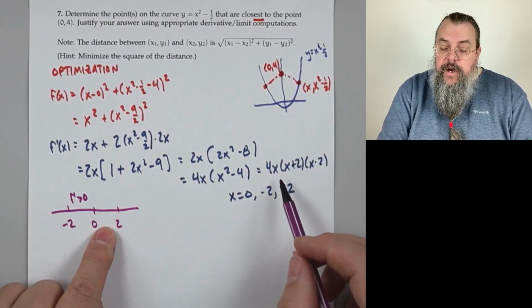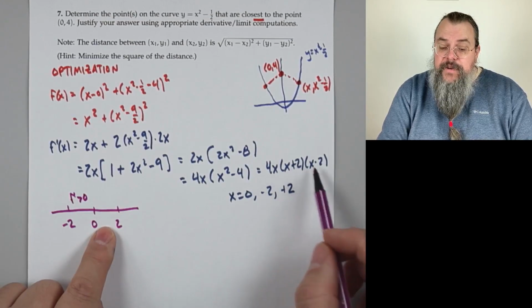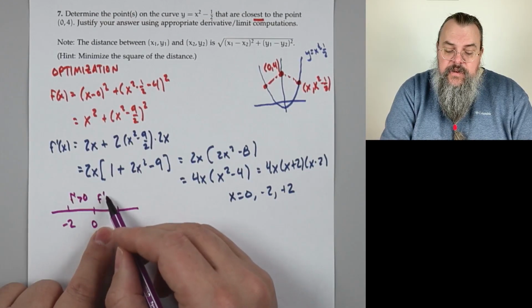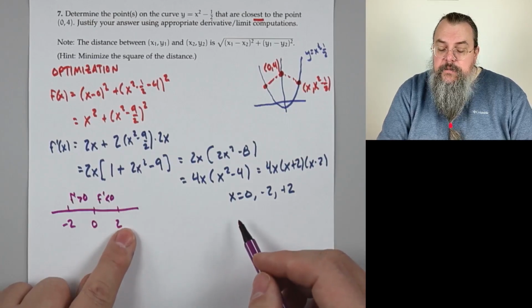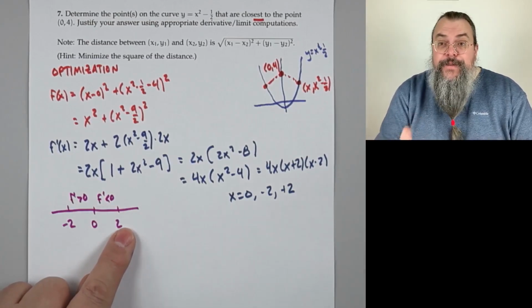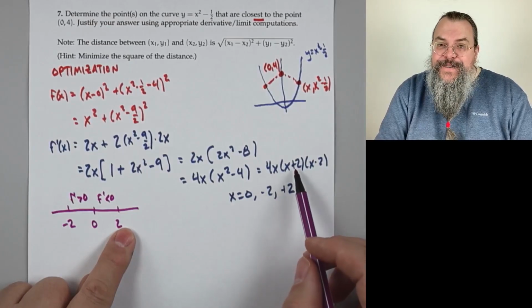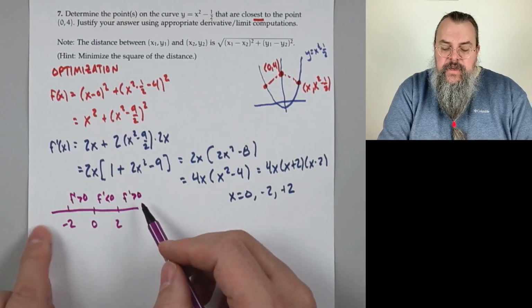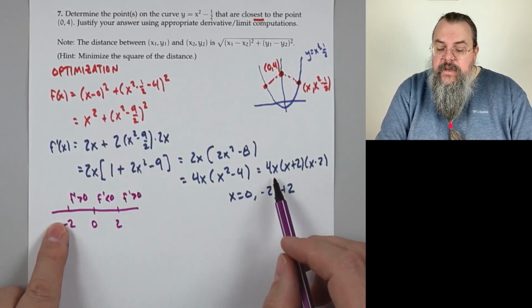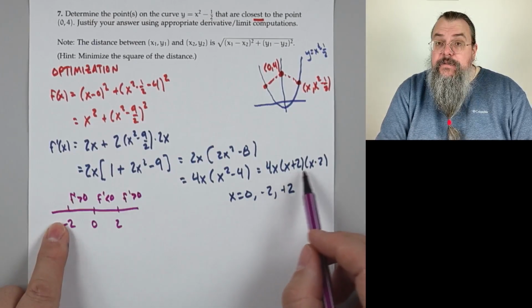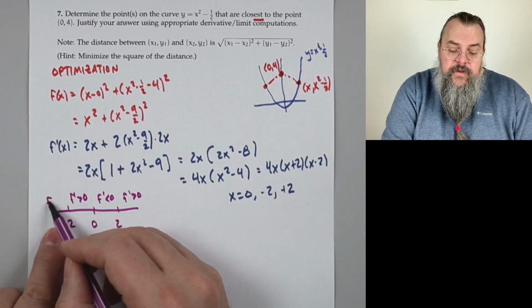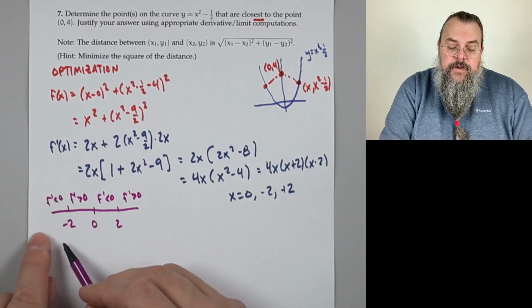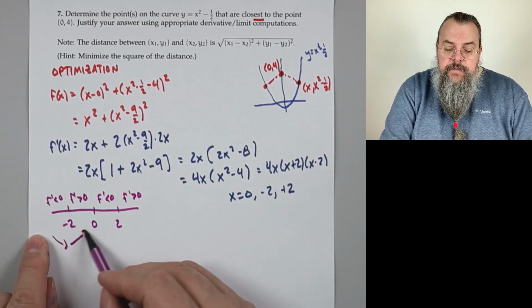If you plug in positive 1, then you get a positive, and negative. f prime is negative. Plug in 1,000,000 or 3, they're about the same. Positive, positive, positive, so f prime is positive. Plug in, say, negative 3, negative, negative, negative, f prime is negative, which means we're going down, then up, then down, and back up.